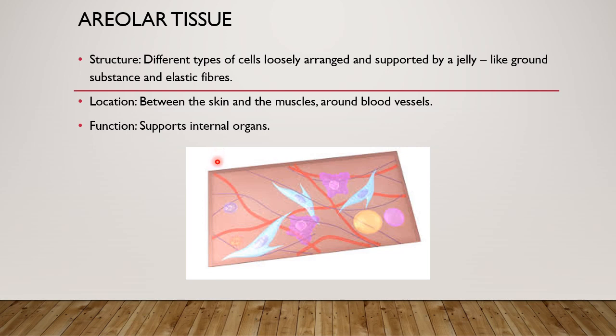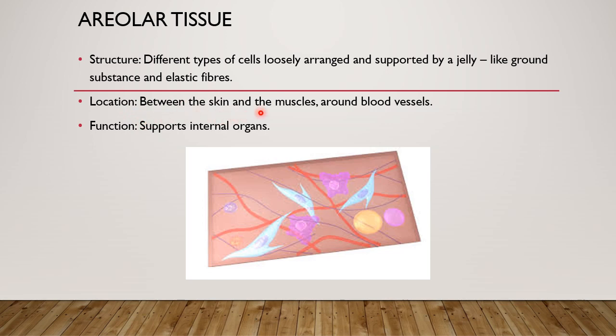There is a tissue present which helps in protection, and it is obviously a connective tissue, so it helps in connection. It is also present in certain internal organs, providing protection or connection. It has different types of cells loosely arranged and supported by a jelly-like ground substance and elastic fibers, very important, elastic fibers.